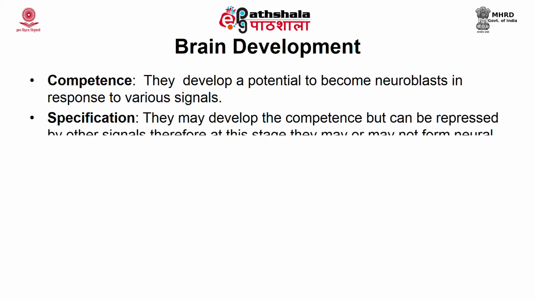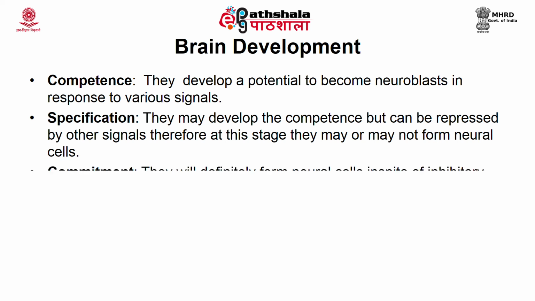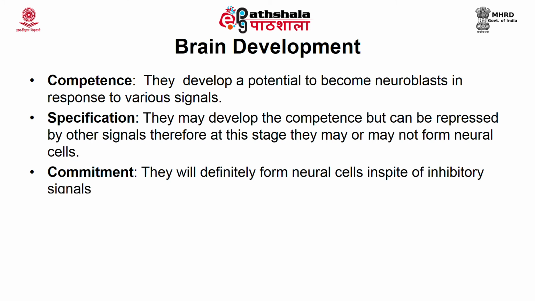However, if there are inhibitory substances around, they may not form the neural cells. When they are committed, in spite of the inhibitory signals, they will form the neural cells.